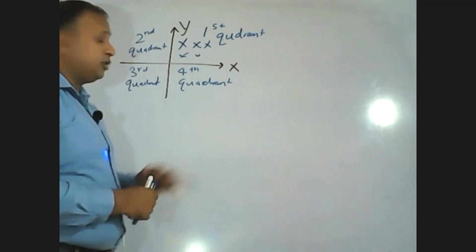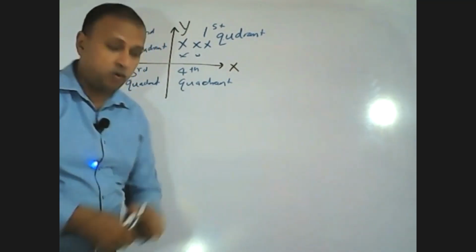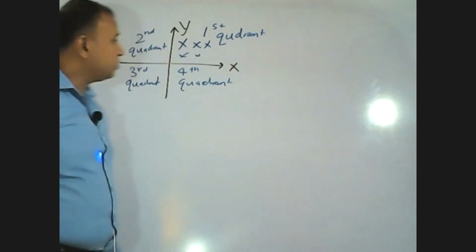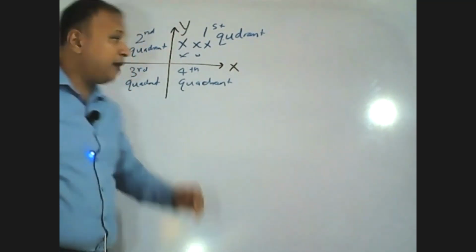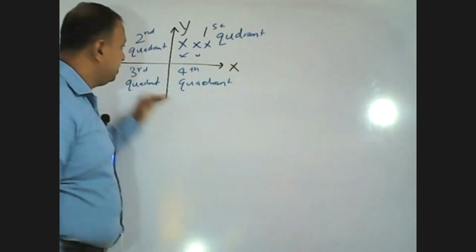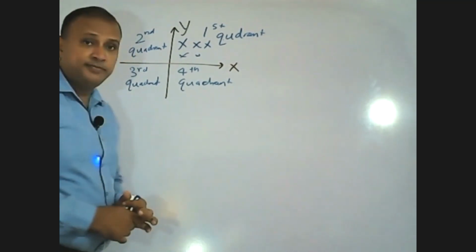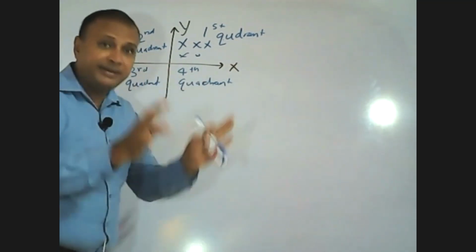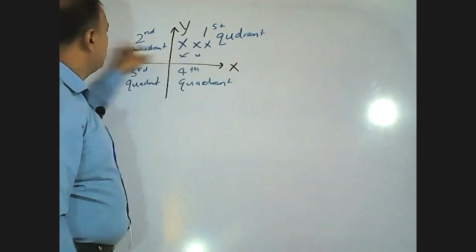Actually, now we are going to define trigonometric ratios. Before we define them, we have to understand some basic concepts. The first one is the Cartesian coordinate, and we have to divide it into 4 quadrants.